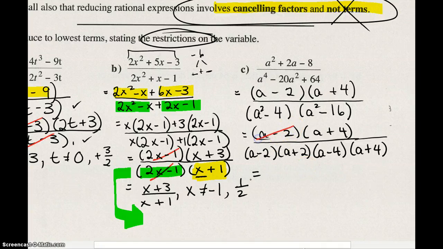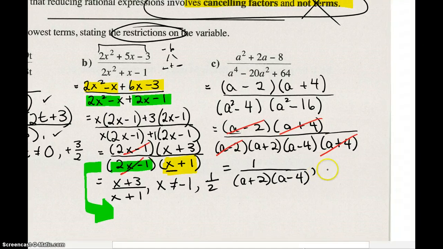I feel your pain. A minus 2 can cancel out. This a plus 4 and a plus 4 can cancel out, and I'm left with a 1 on top, and I have an a plus 2 and an a minus 4 on the bottom. That is the answer, but of course I need to do my restrictions.